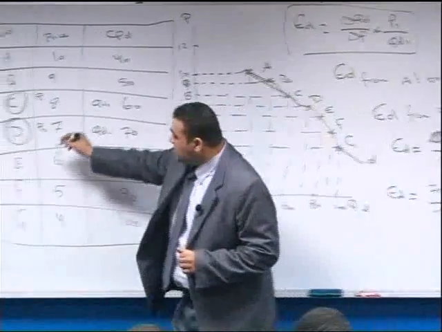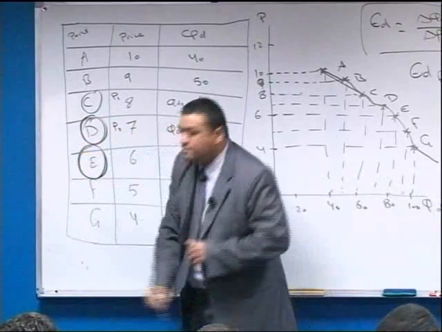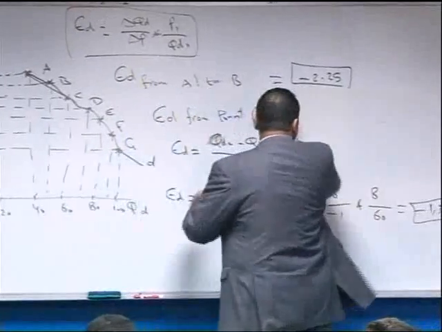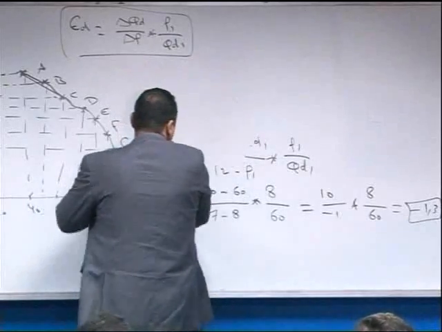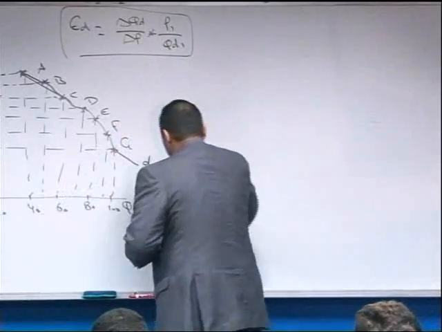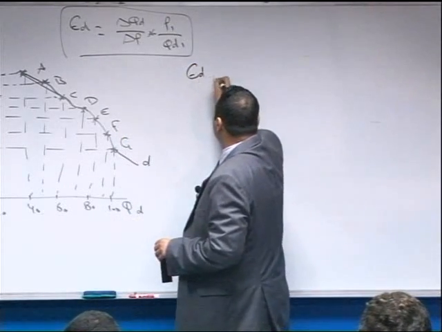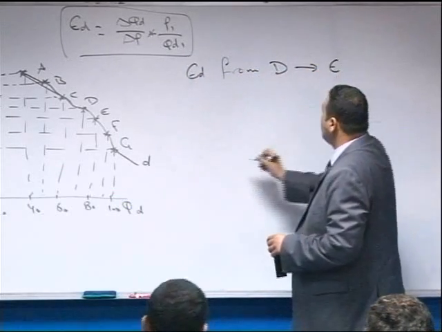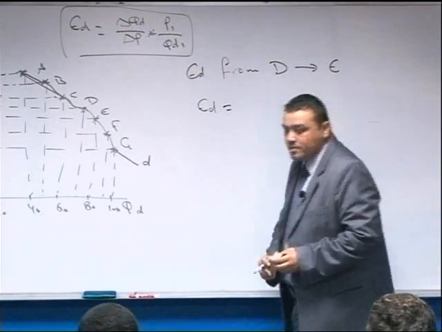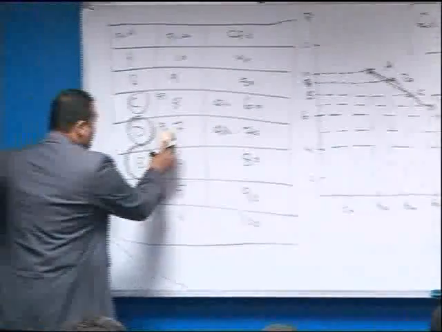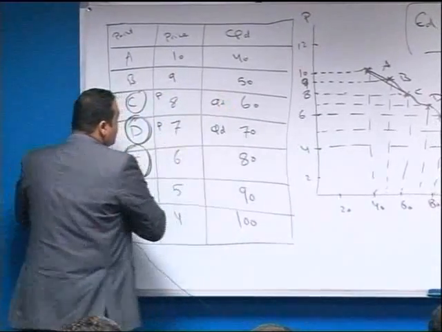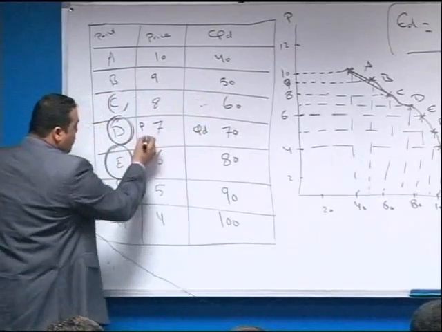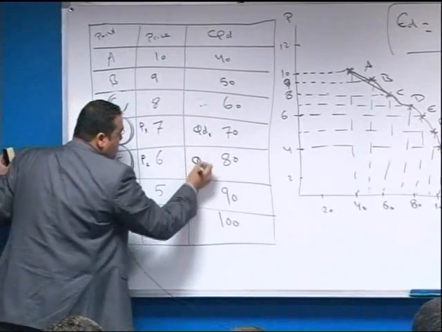Now from D to E, ED. From point D to E, this would be price 1, price 2, QD1, QD2.